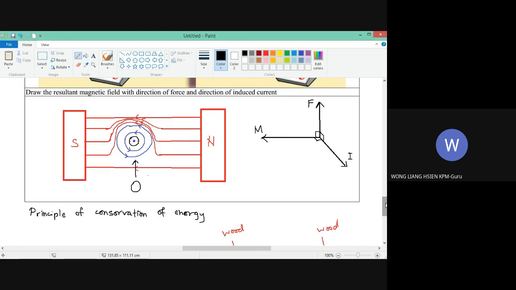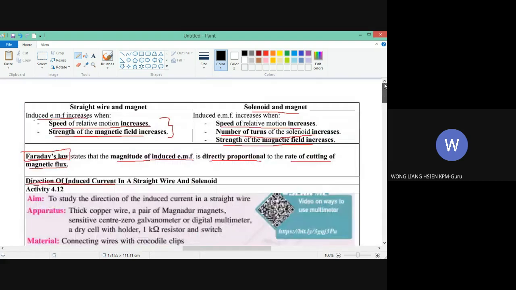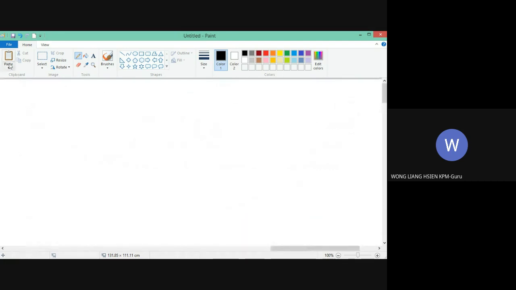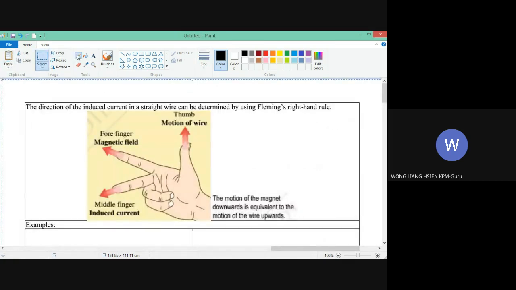By using our right hand to represent the three variables. So you can see that this is the direction of the force. This is the direction of the magnetic field. This is the direction of the induced current.